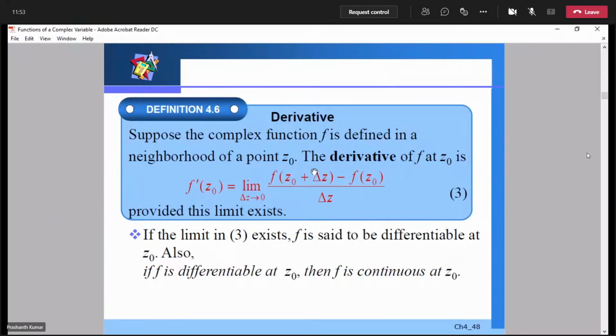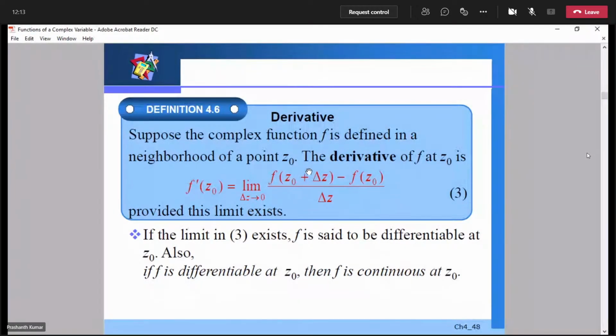The increment of the function at the point, f of z naught plus delta z minus the function value at that point, divided by the delta z value we consider. This is the derivative of the function at that point, provided the limit exists.